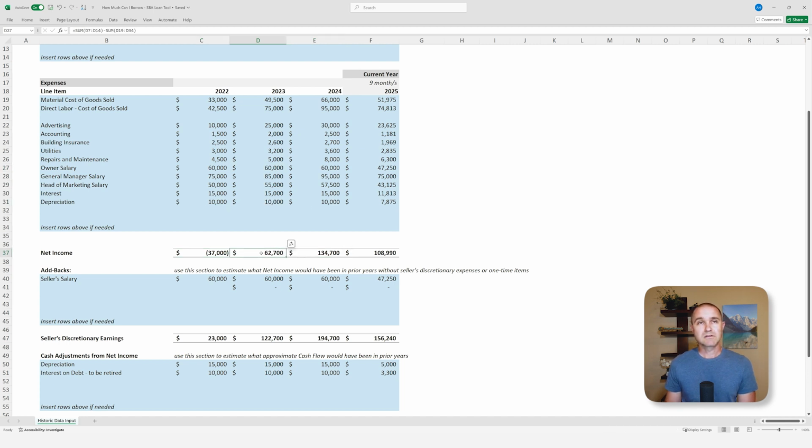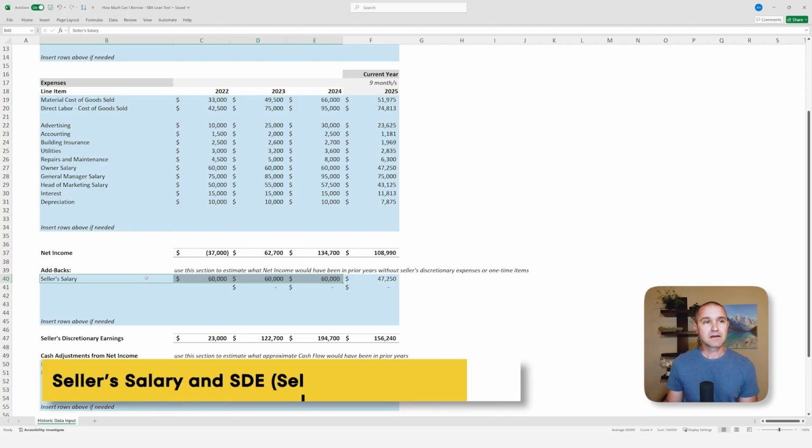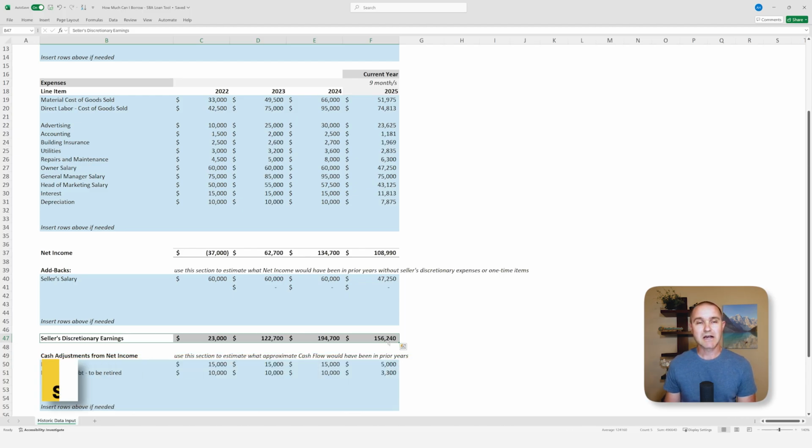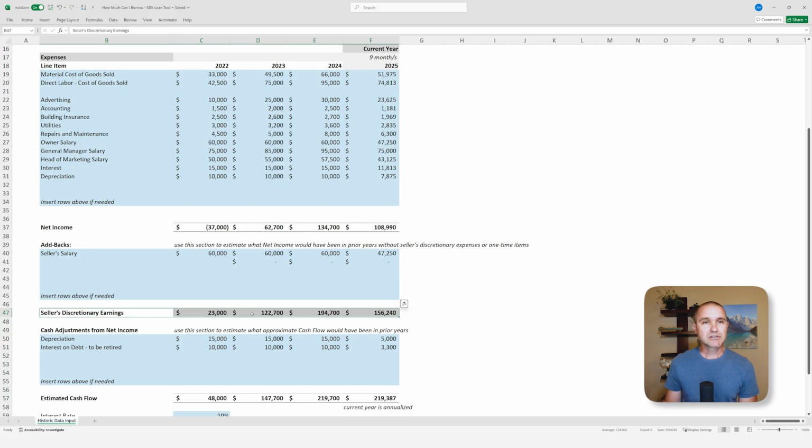In many situations, you can add back the owner's compensation, and that gets you to seller's discretionary earnings, which you may have heard called SDE. Especially in acquisitions, SDE is the common buzzword, right? So it gets you to this SDE number.